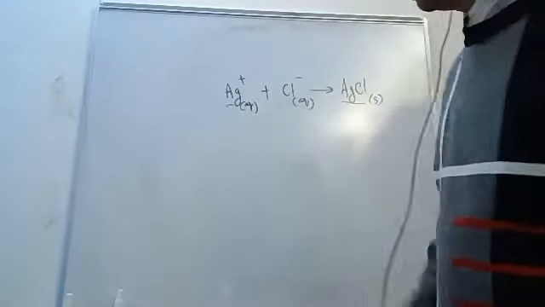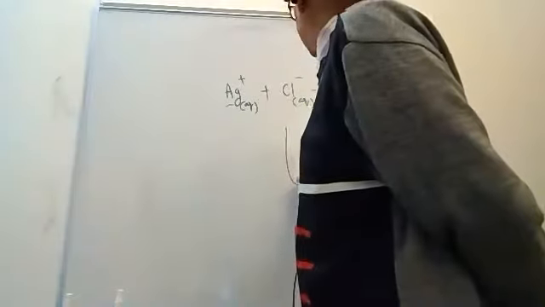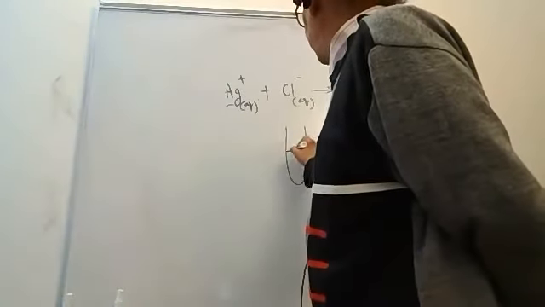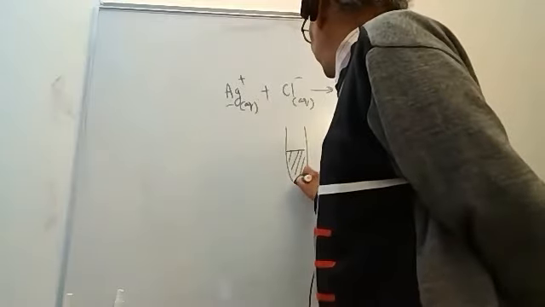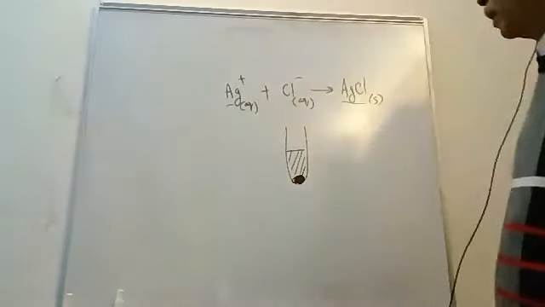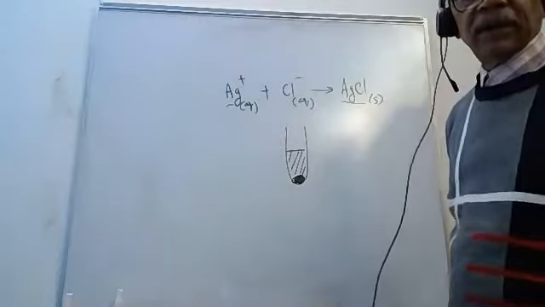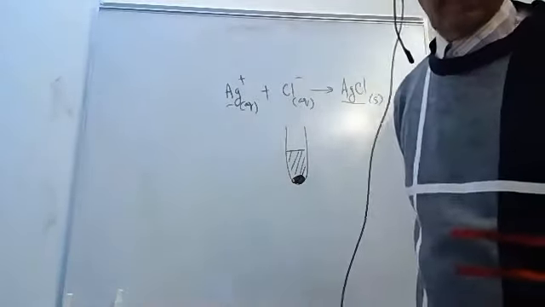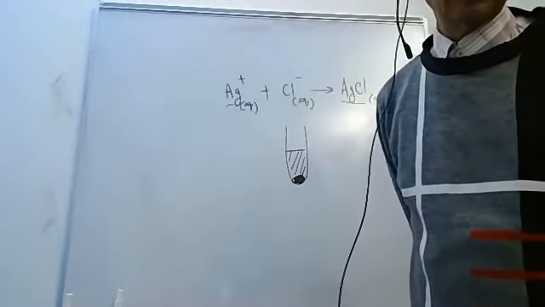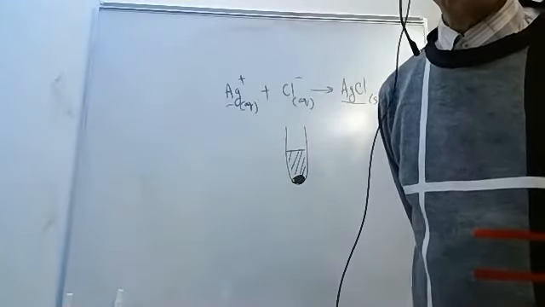If you have a test tube where you have done this reaction, you will see a white solid at the bottom of the test tube. That's very well known. But that's not the point here.